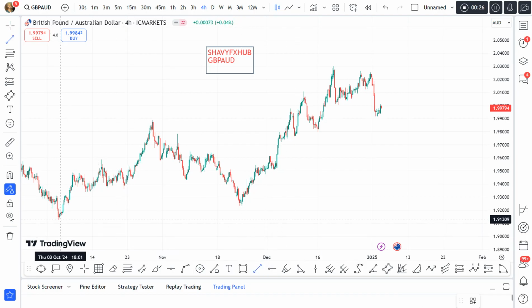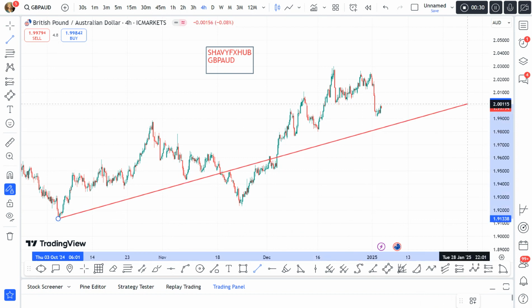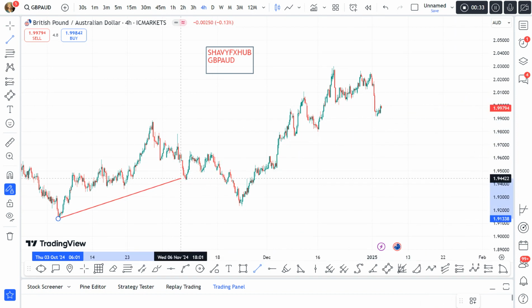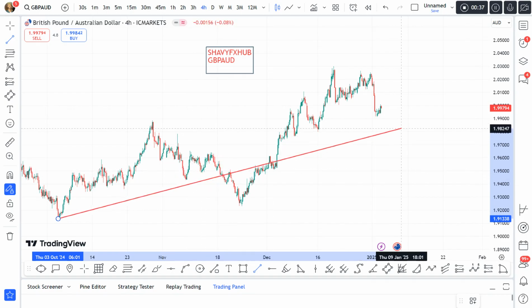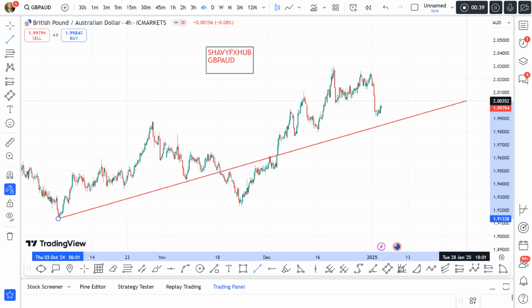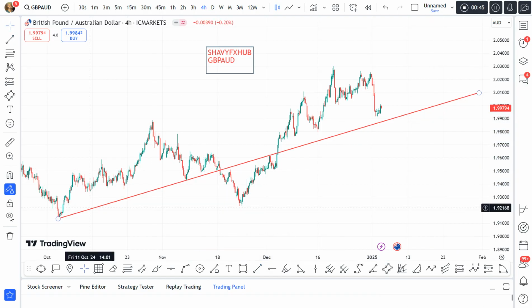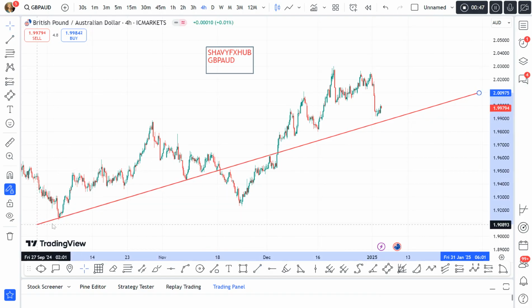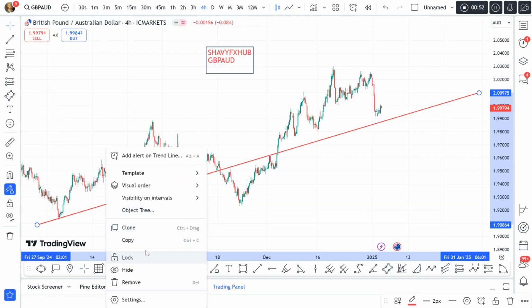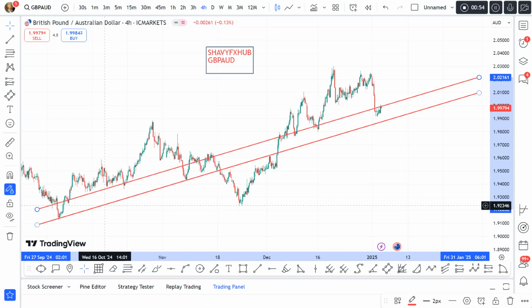So we have here October price action, and we have here another demand floor and a break of structure and a retest. We are going to clone it.